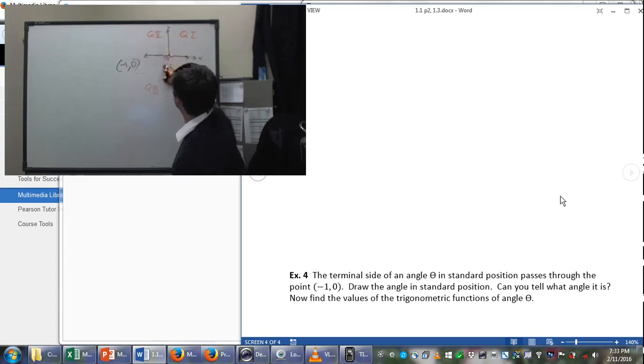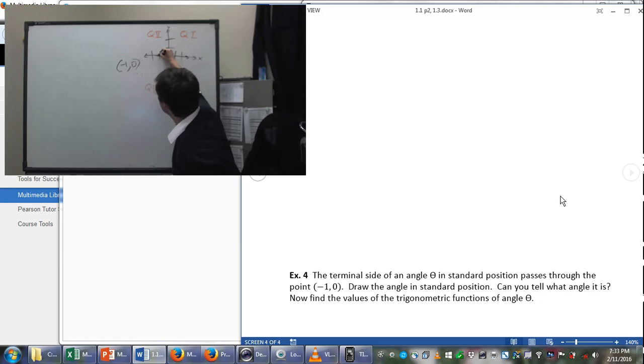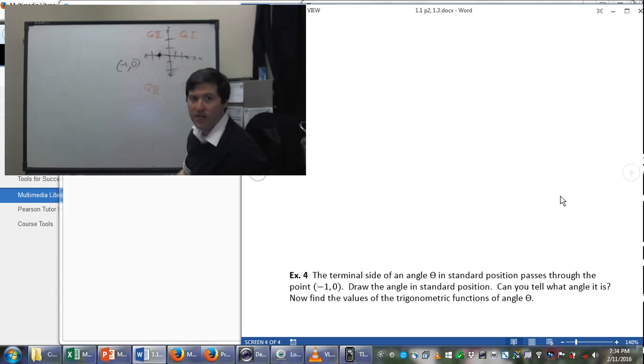Sine is y over r. What was our y? Well, they gave it to us as -4. And our r is 5. So -4 over 5. We can't simplify that any. We're good to go. Cosine is x over r, so -3 over r, which was 5. And then finally, tangent, y over x.